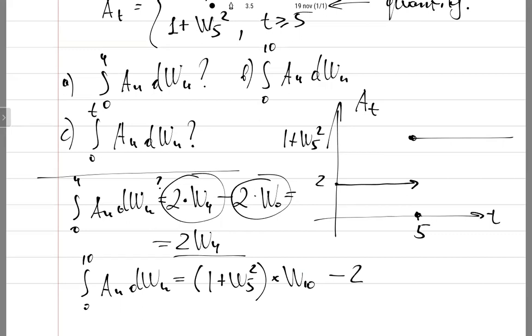Initially, I have 2 cups, my grandma left me 2 W_0, but in this case I'm doing transactions. So I need to subtract: how many cups should I buy? I should buy 1 plus W_5 squared minus 2.